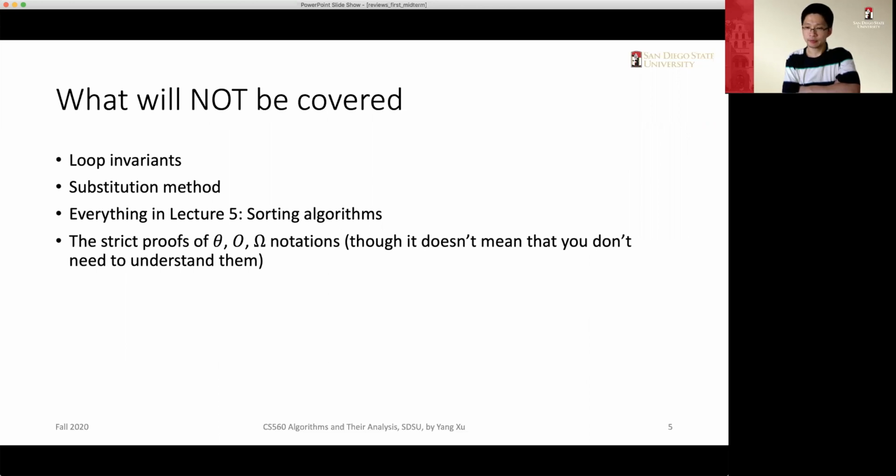The slide before the one I'm showing right now is about heap sort, so heap sort will not be covered in the first midterm. I will not provide more detailed practice problems.